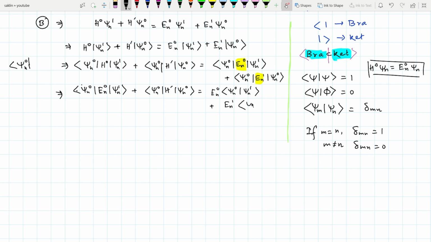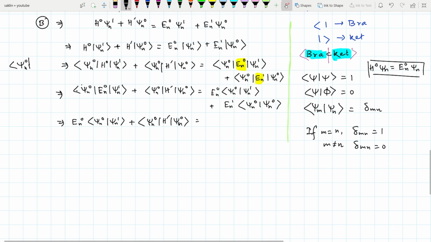So another thing I have to do, the first term will be like this and the second term will remain the same because this H' is not operating on any function.